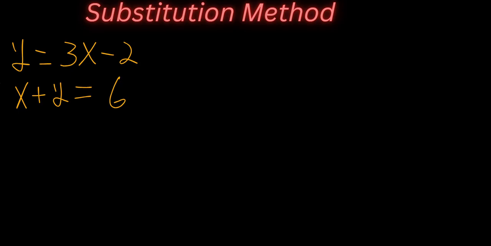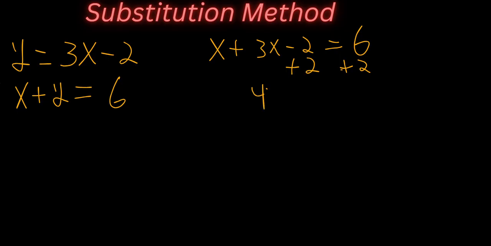Okay, we're given a direct sub, so we can see that x plus 3x minus 2 will equal 6. We can go ahead and add 2 to both sides and combine like terms to get 4x equals 8. We'll divide both sides by 4, and we get x equals 2. Let's write it in red.